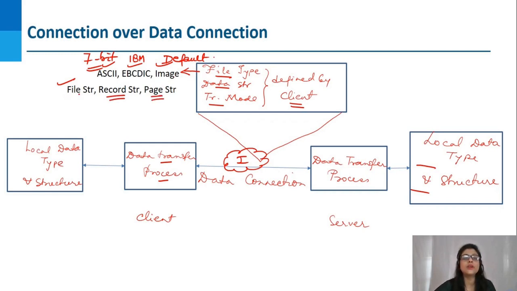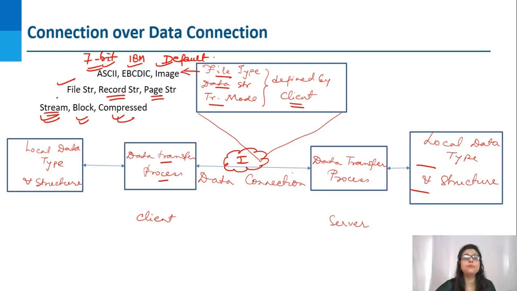If it is a file structure, then the entire data will move in byte streams. If it is a record structure, the bit streams will be divided into records, and if it is a page structure, it will be divided into pages. Now there are three types of transmission modes. One is the stream, second one is the block, and the third one is the compressed.